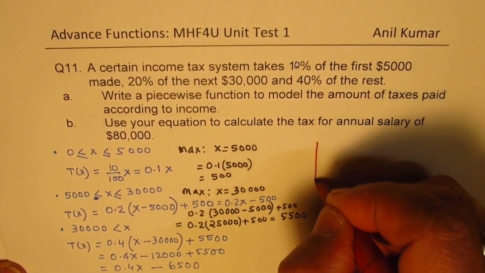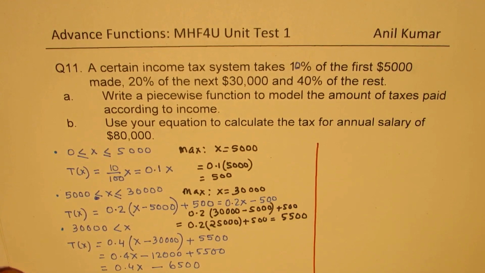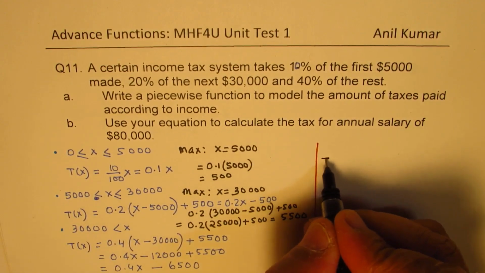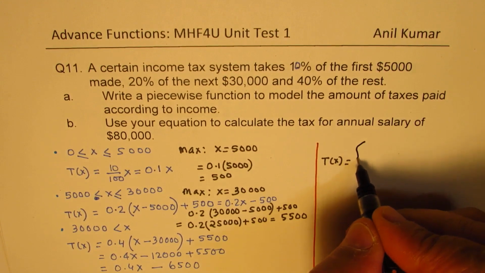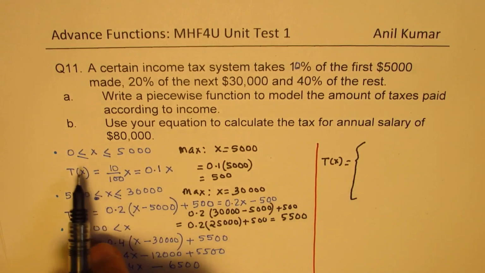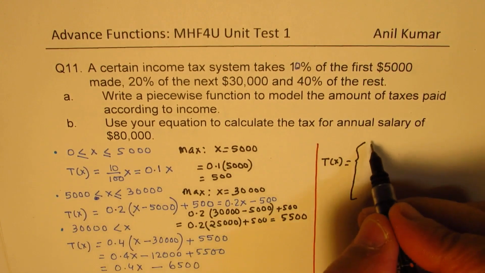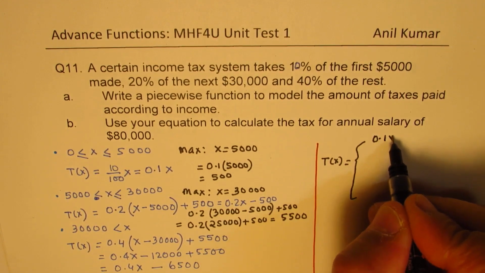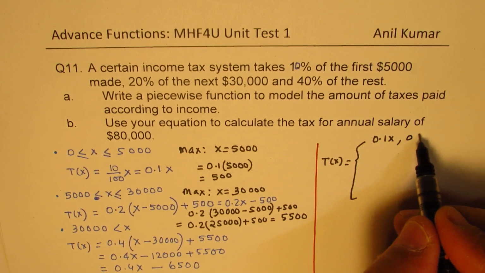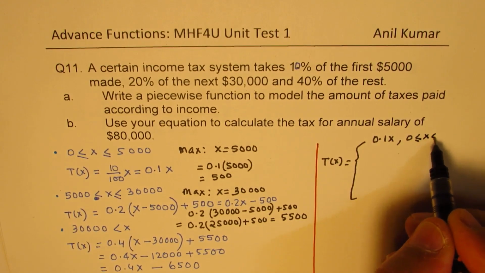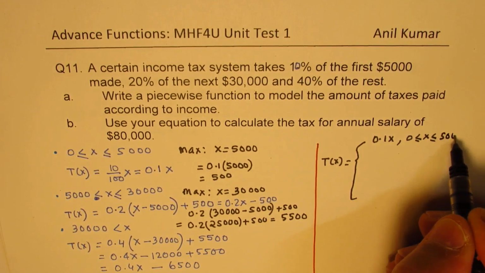So let me rewrite the answer here. The tax rate now can be written as a 3-piece function, right? So let me write the 3-piece function. The first piece here is 0.1x, and here x is in the interval from 0 to 5,000.